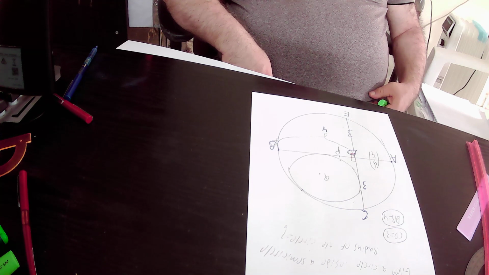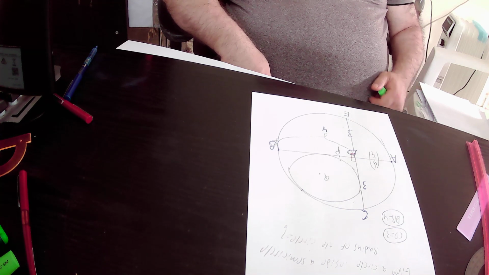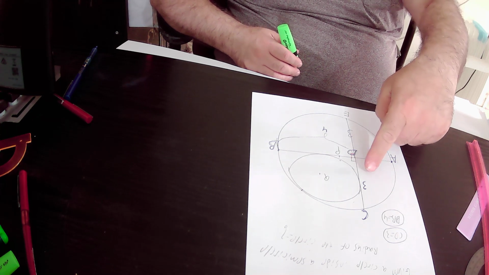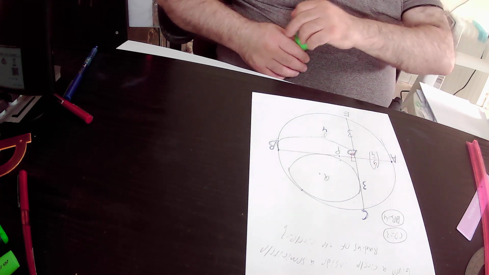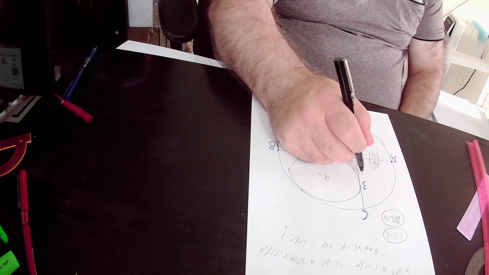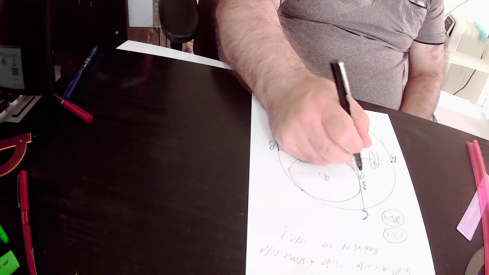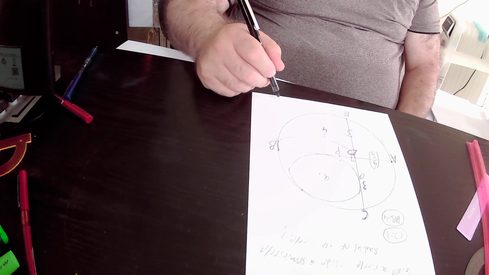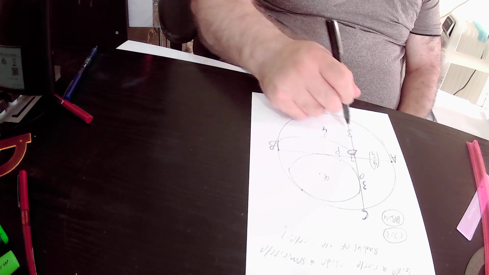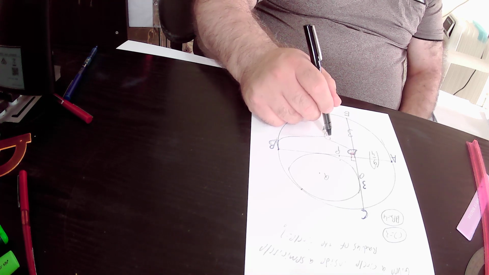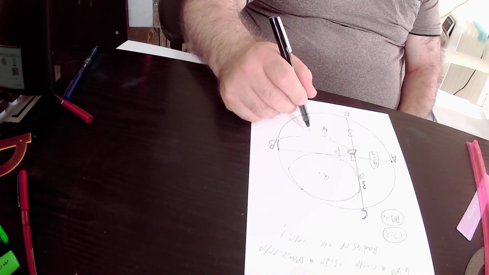In the next step, we'll define the point of tangency of tangent CD with this small circle as point O. And we also will define the point of tangency of tangent DB with this circle.